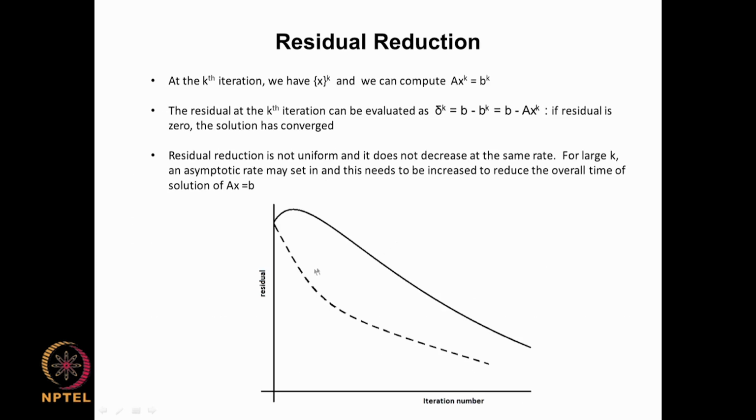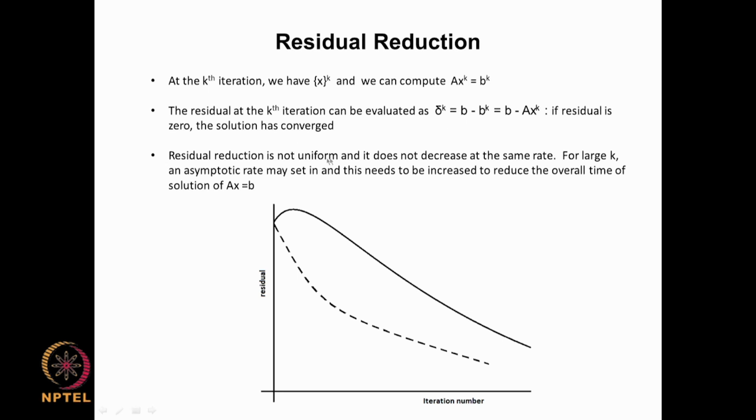The residual usually can vary in a monotonic way like this, and in some cases it can even increase and then decrease. So here at the kth iteration we have xk, and we can compute Axk equal to bk, and then we define this residual k.